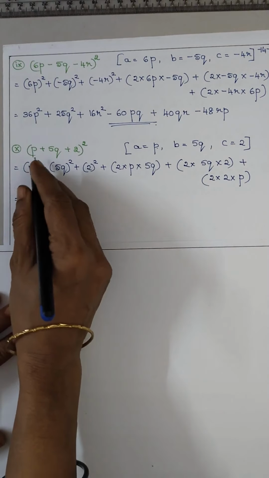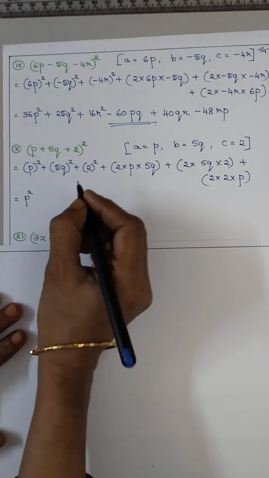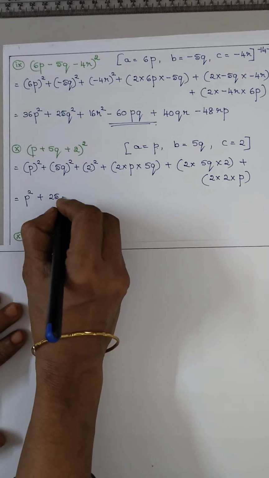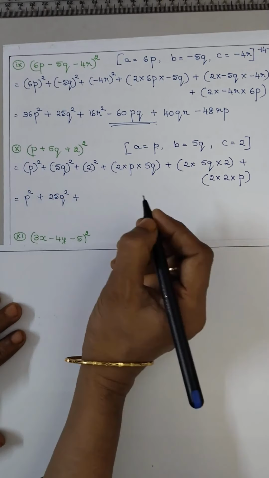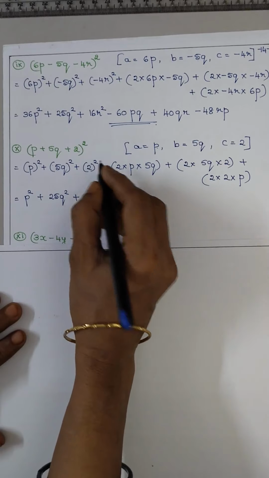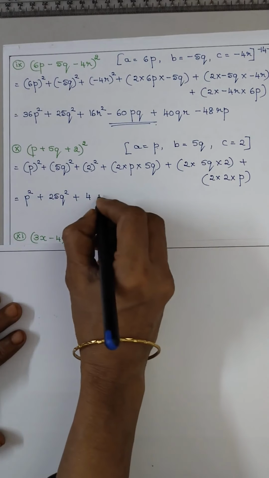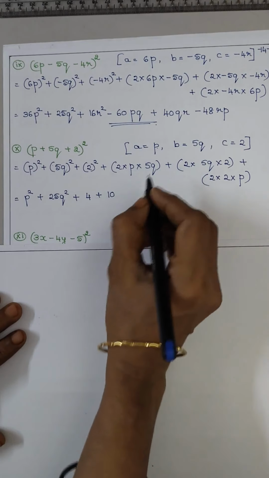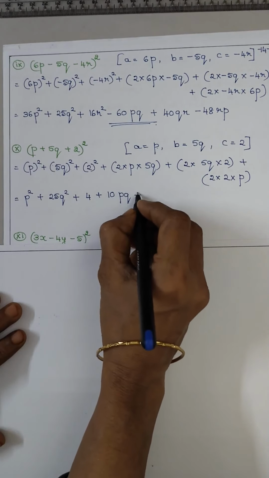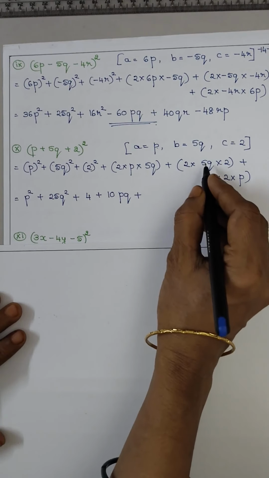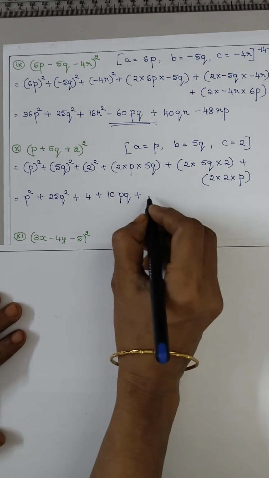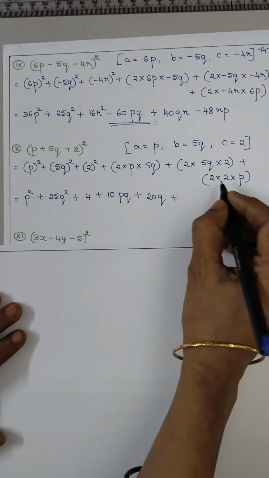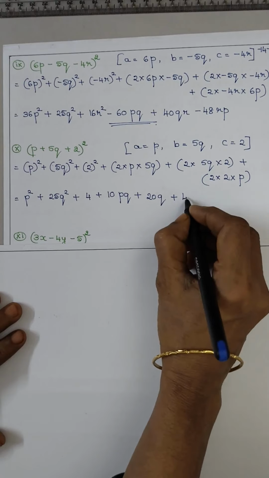Now it is p square plus 5 square 25, q square plus, all are plus, 2 square is 4 plus 2 5s are 10 pq plus 2 5s are 10, 2s are 20 q plus 2 2s are 4 and p.